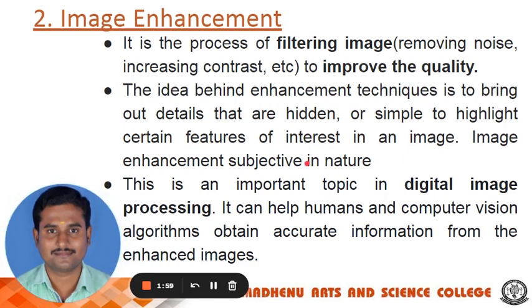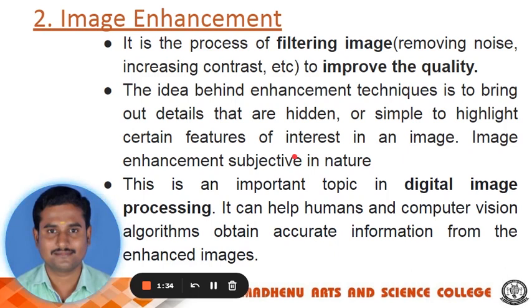Image enhancement is subjective in nature, which means, for example, the image perception level will vary from person to person. Some people can expect a high level of saturation, and some can expect a low level of contrast or low level of saturation of colors.